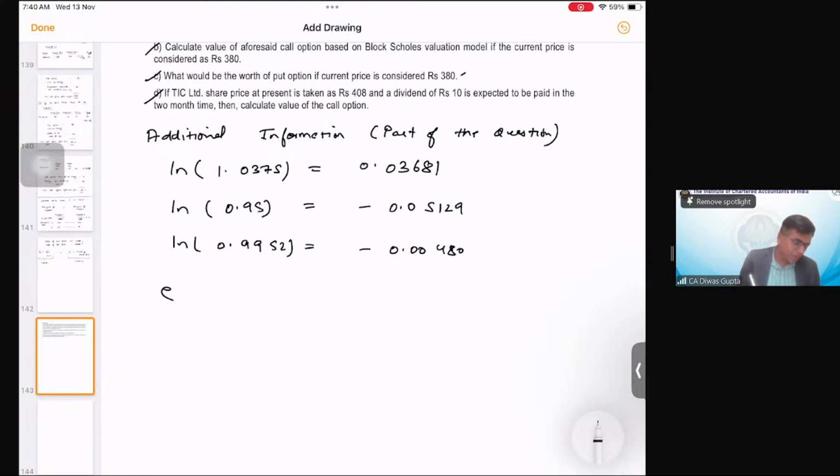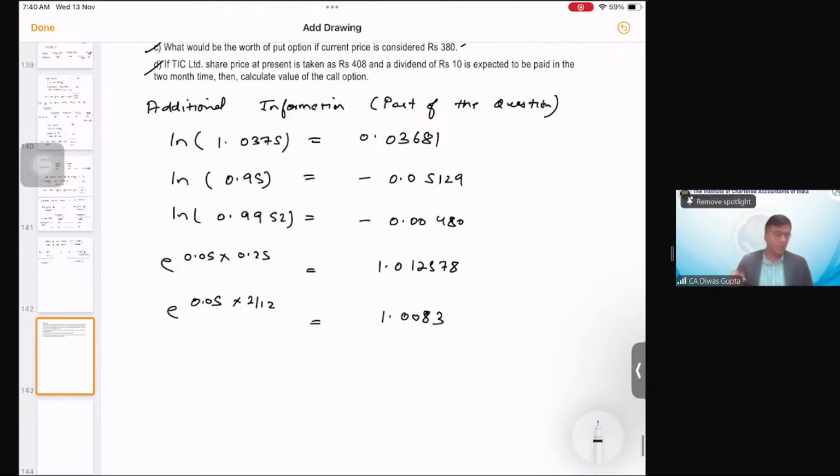Then e raised to the power 0.05 into 0.25 is equal to 1.012578, and then e raised to the power 0.05 into 2 by 12 is 1.0083.